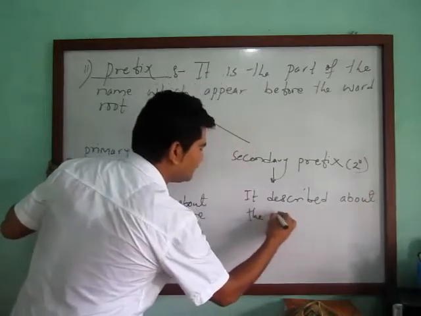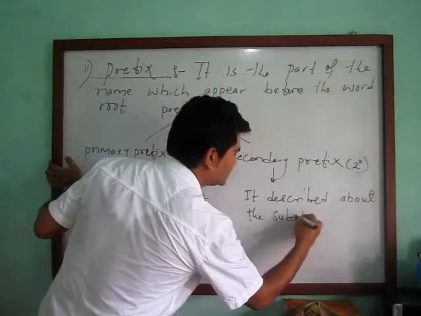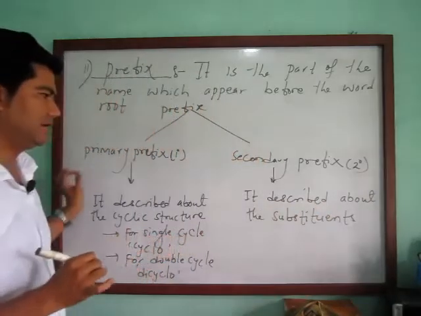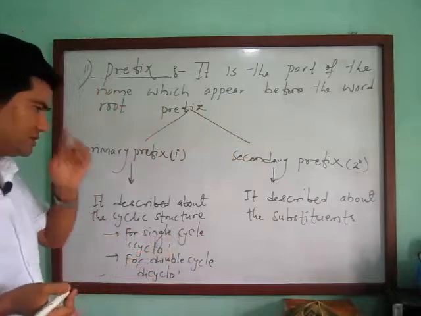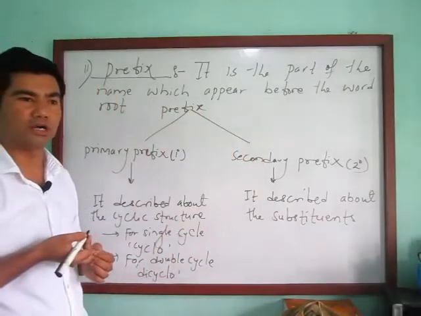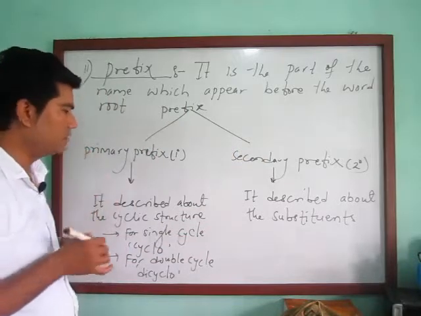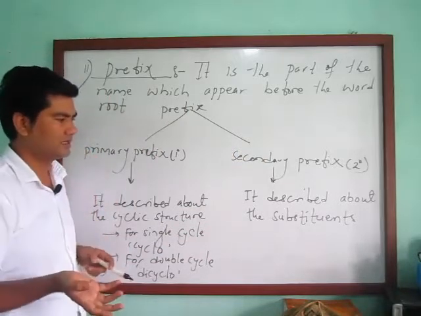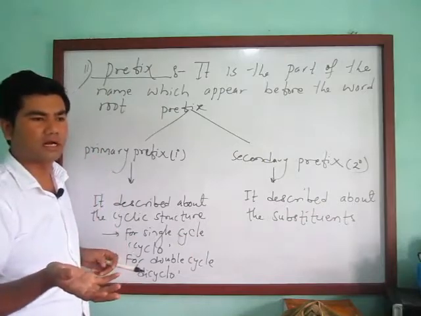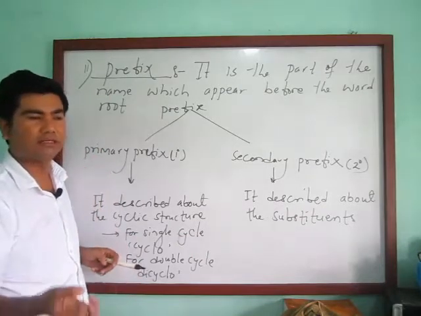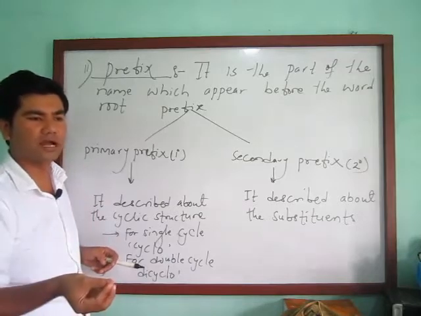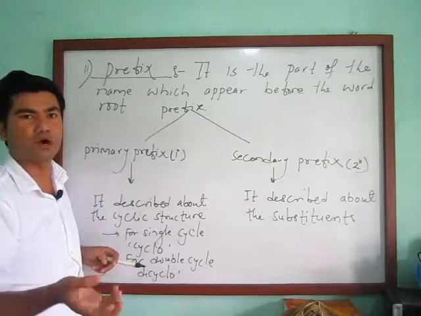Similarly, the secondary prefix describes the substituent present in the main chain of the organic compound. Substituents are groups of atoms or compounds or hydrocarbons that are branched off the main chain of the given compound.